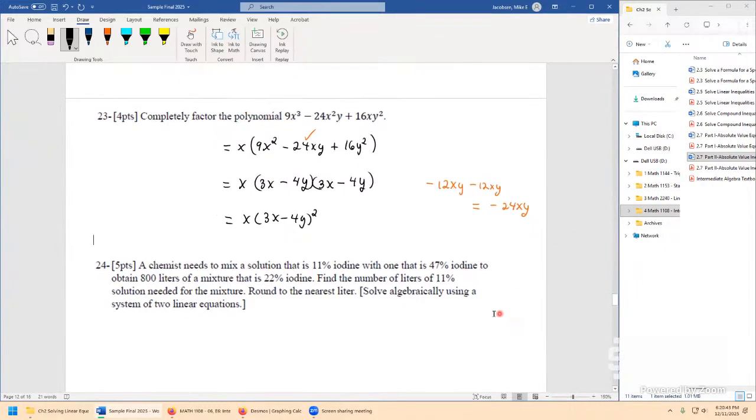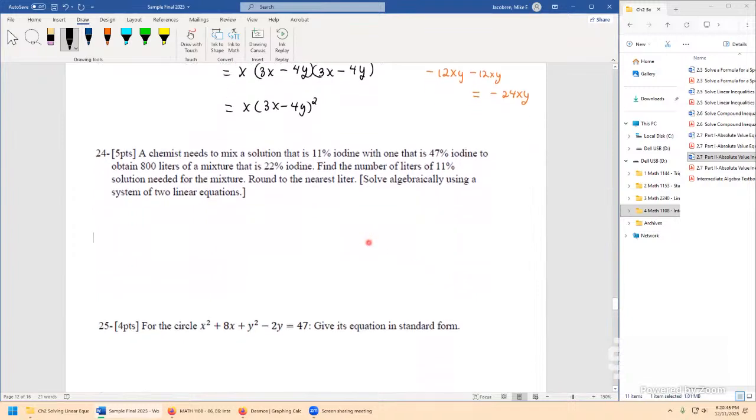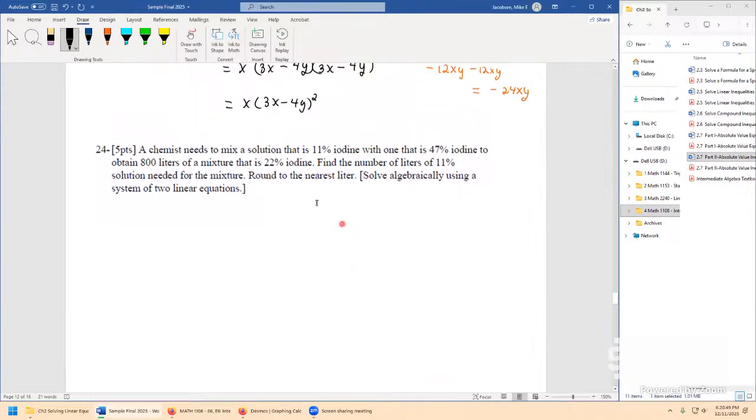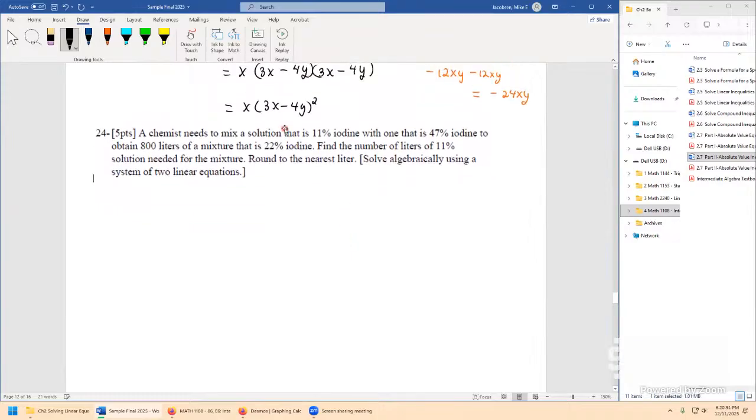Well, next up on the list looks like a word problem to get through. In the no partial credit section of the final exam, a lot of these problems were just set up but do not solve. So the whole problem was, can you write out the equations? But this one we're going to solve in full algebraically once we get to the end. So let's see here.